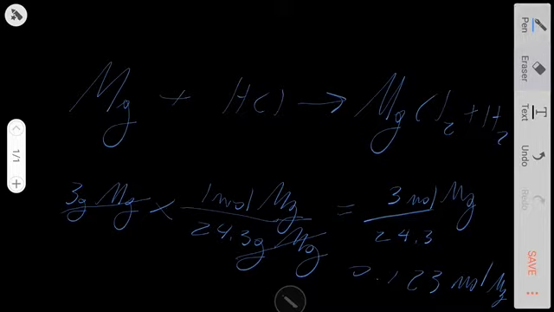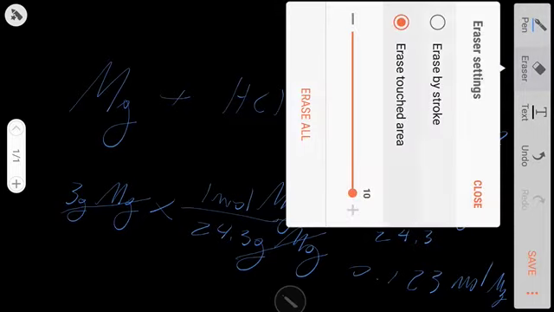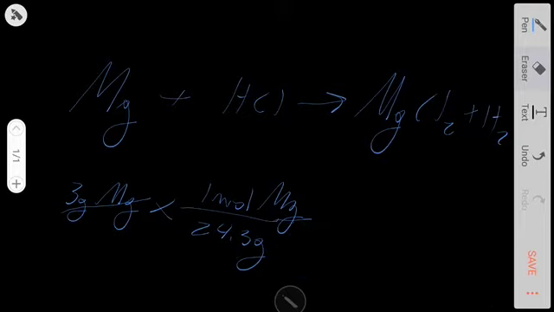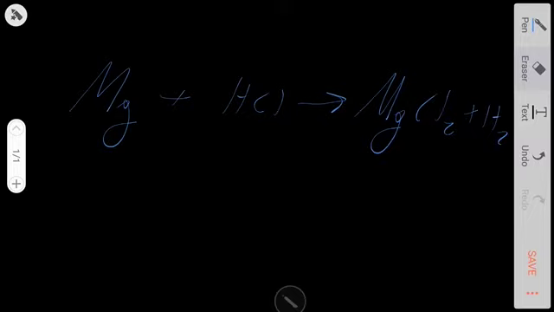So basically, when you're converting grams to moles, you need to have the molar mass. Let's now do the next one. That's if I have a single atom of magnesium, Mg. Well, what happens now if I have something like HCl, a compound?